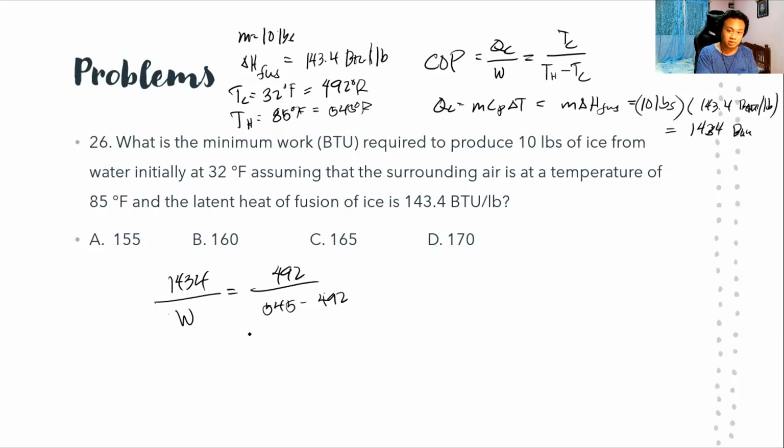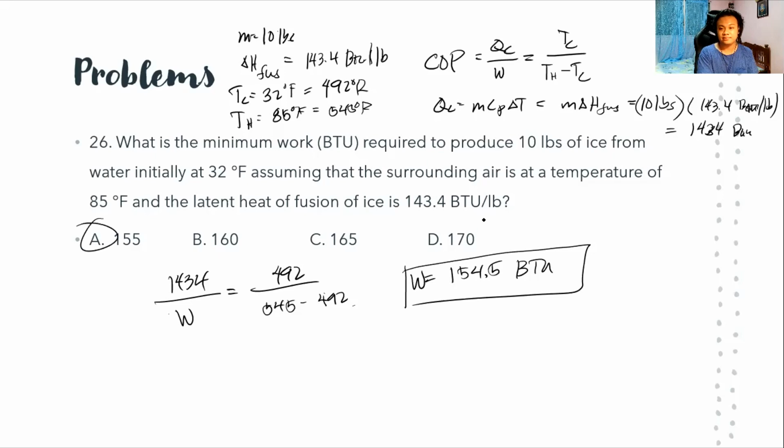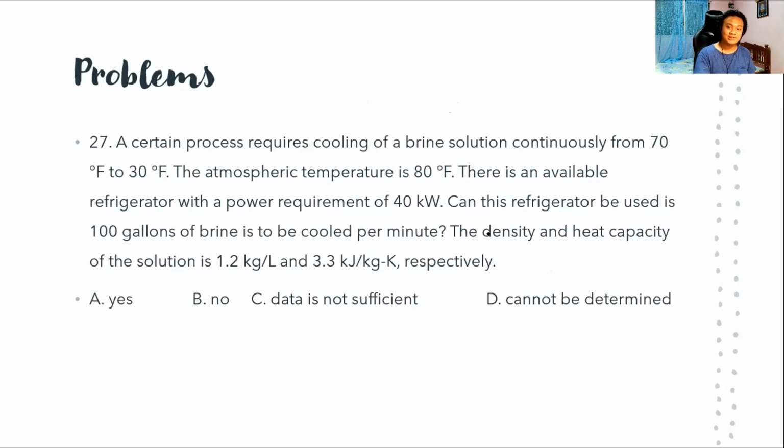Shift solve to find W. W is equal to 154.5 BTU. Okay, so that's letter A in our choices. Okay, let's move on to the next problem.